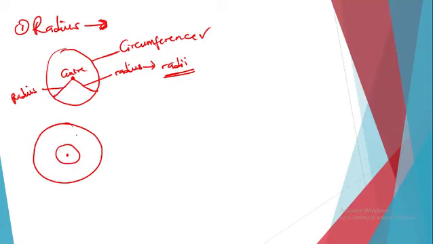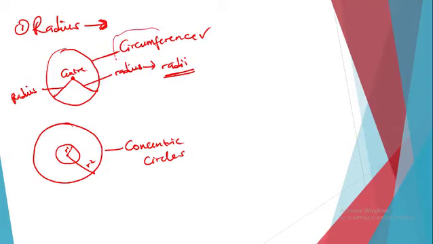These are two circles which form the first radius, and then you have a second radius from the center to here. Where this is arrow 1 and this is arrow 2. We call these concentric circles.